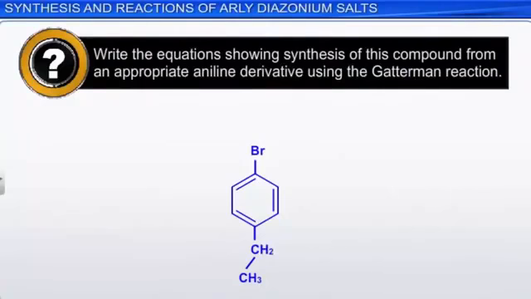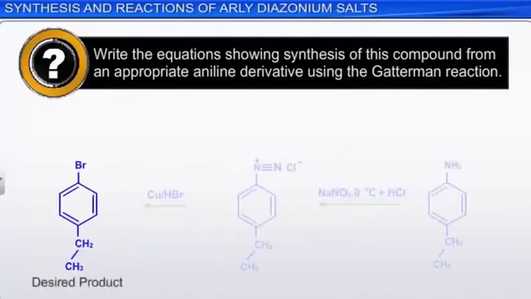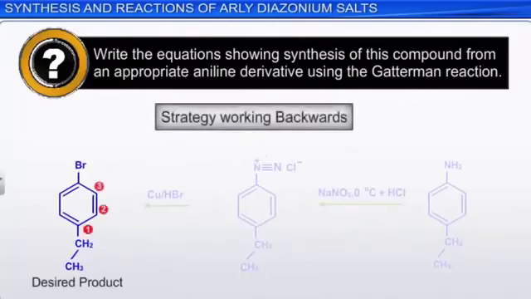With these types of problems, working backwards can be a very effective strategy. We need a bromine atom at position 4 on the aromatic ring. So we can carry out a Gattermann reaction using a diazonium group in the correct location. We can make the diazonium salt from the appropriate aniline derivative.